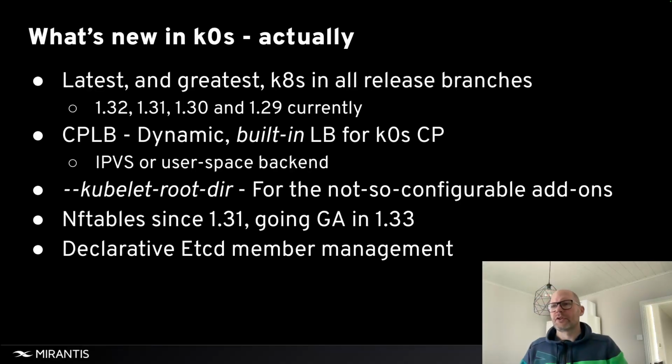One of the new features is an embedded load balancer that we've titled CPLB, a control plane load balancer. The reasoning behind that is actually quite simple. k0s is targeting both the usual environments like cloud providers, those more dynamic environments where you have things like load balancers that you can get with the click of a button, and so on.